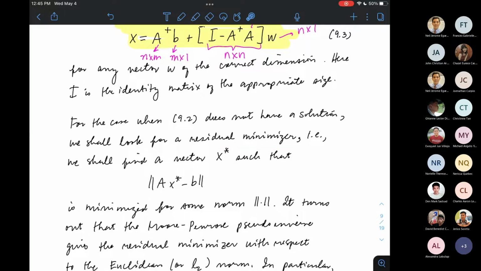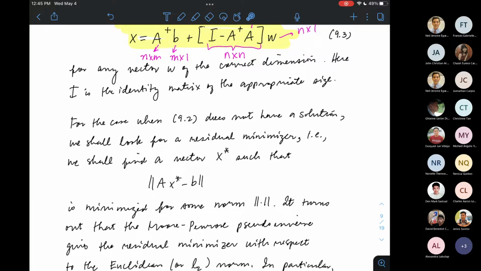Ibig sabihin, gusto nating makuha yung next best thing, the possible best next thing to a solution. All right? Gusto natin maliit yung norm ng AX star minus B. Of course, if your system is consistent, then this norm will be equal to 0 kasi yung AX ay magiging equal talaga kay B. So yung AX minus B ay magiging 0 vector.